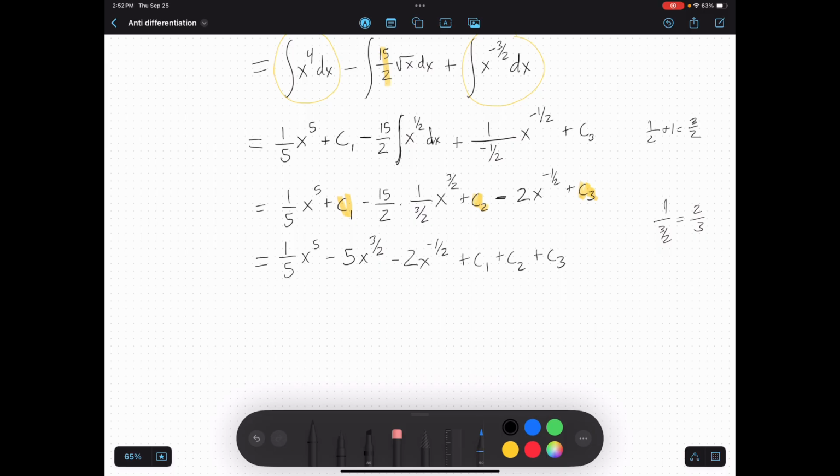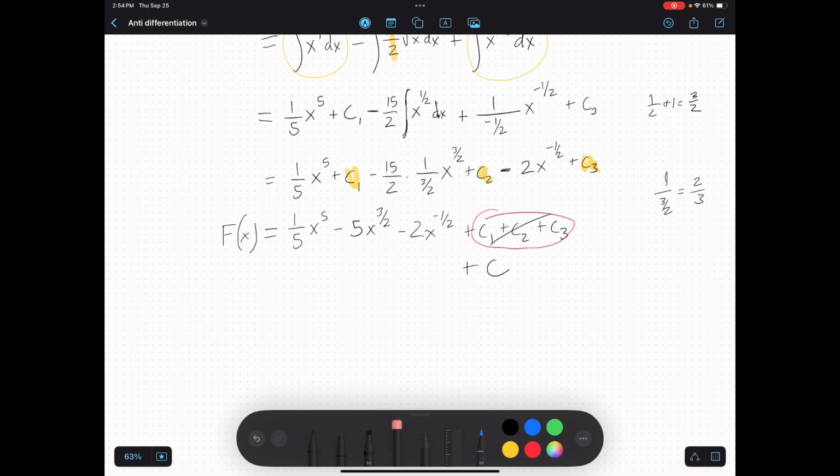I get more constants. And if these are all just arbitrary constants anyway, I don't know what these values are. It doesn't matter what the value of these are. If I add 3 arbitrary constants together, I end up with an arbitrary constant. So I can merge all these together into a single plus c. And that's what it'll expect when you actually put this in. I don't need 3 separate constants for each of my antiderivatives. I can just combine them all into one arbitrary constant. And then that's my answer.